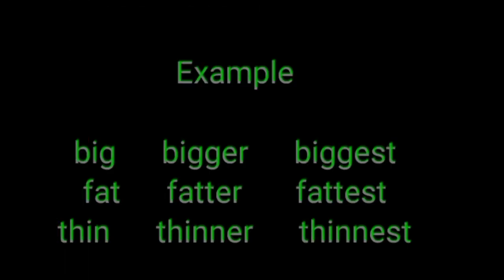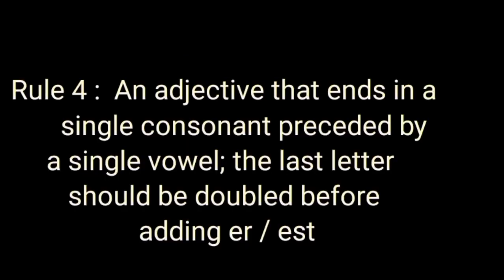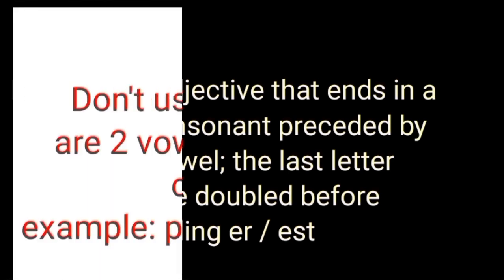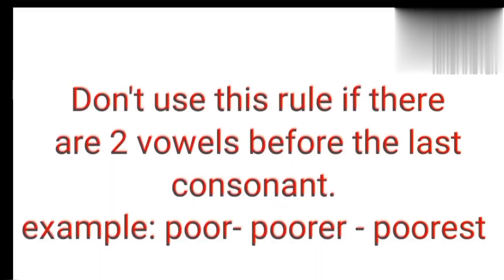Examples of the fourth rule: big, bigger, biggest; fat, fatter, fattest; thin, thinner, thinnest. But if there are two vowels before the last consonant, the last letter should not be doubled before adding er or est. Example: poor, poorer, poorest.